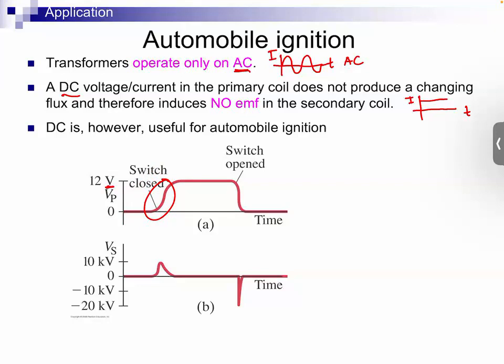The sharp increase in the voltage creates a sharp increase in the current. You essentially have a current that changes amplitude in a similar manner as the change in the voltage here.